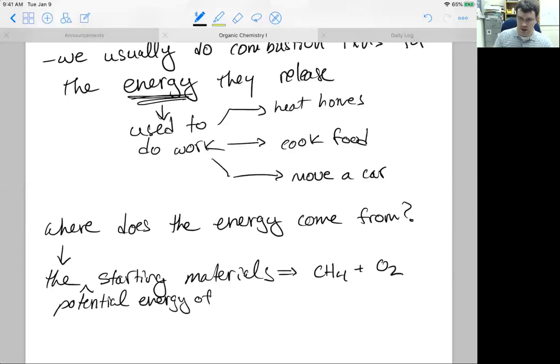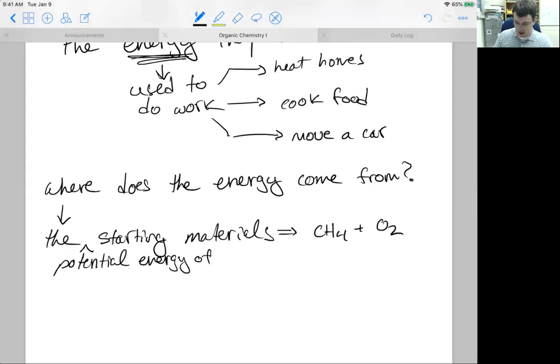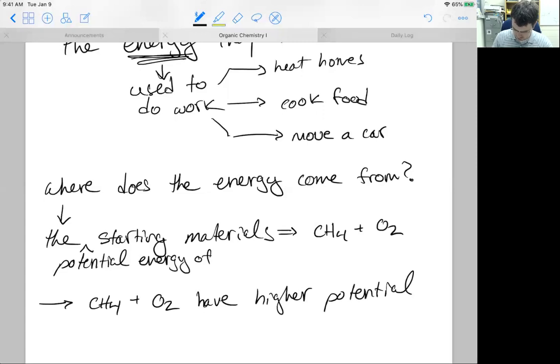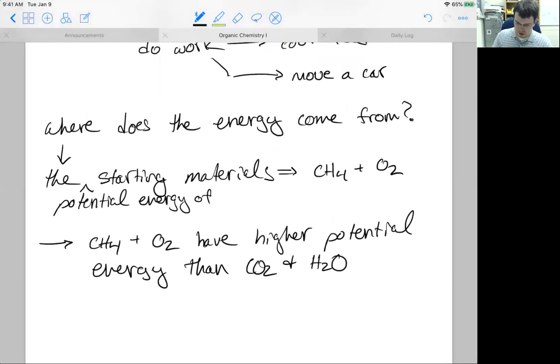Okay, so CH4 and O2 have higher potential energy than carbon dioxide and water.